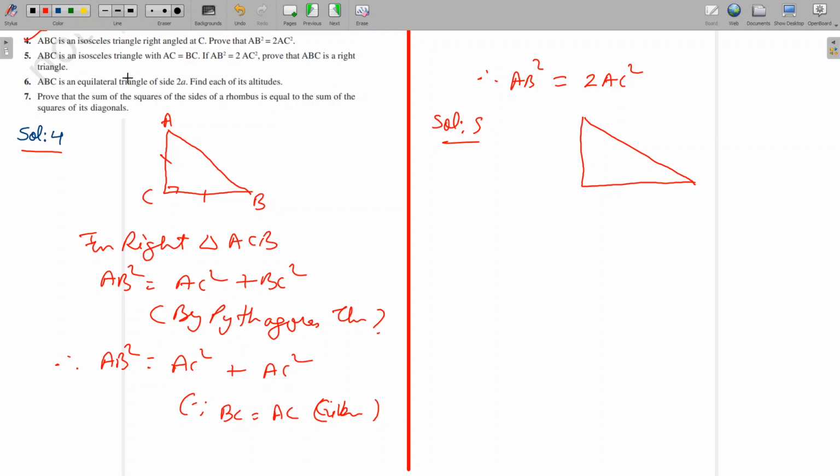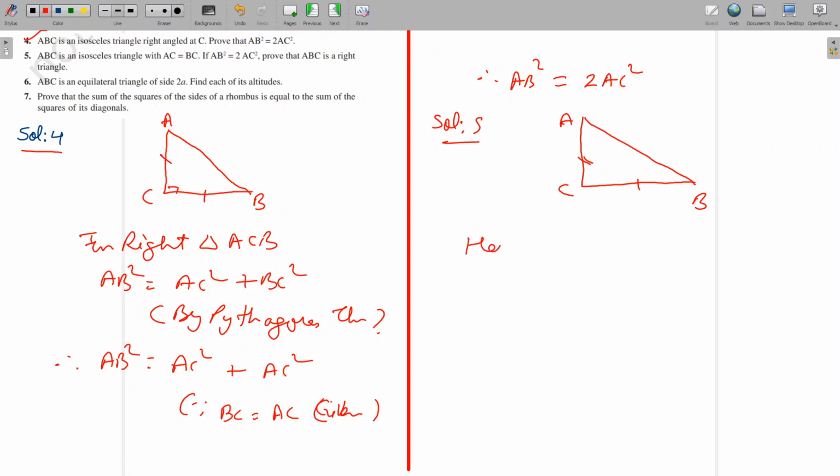ABC is an isosceles triangle with AC equal to BC. So we'll draw the same kind of triangle A, C and B, and these two are equal. AC and BC are equal, and also it is given to us AB square equal to 2AC square.